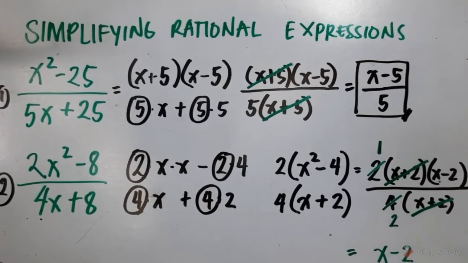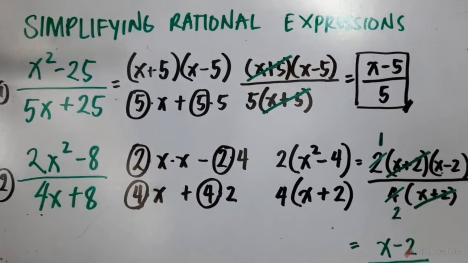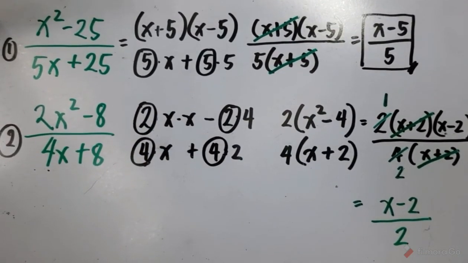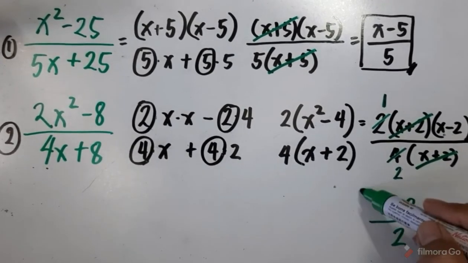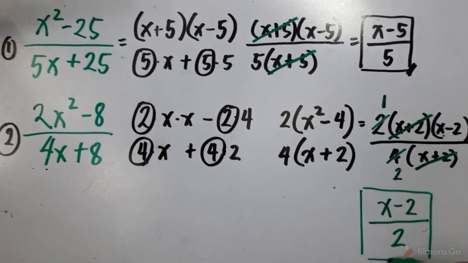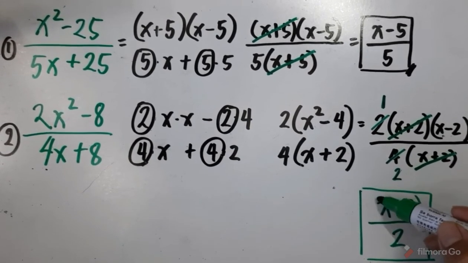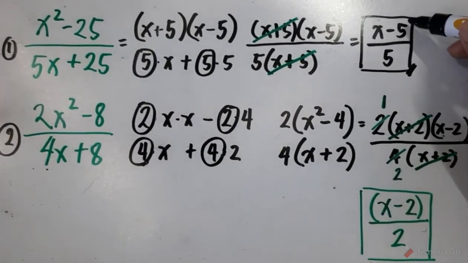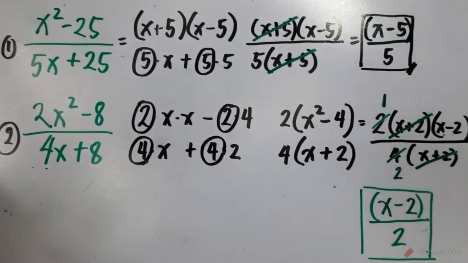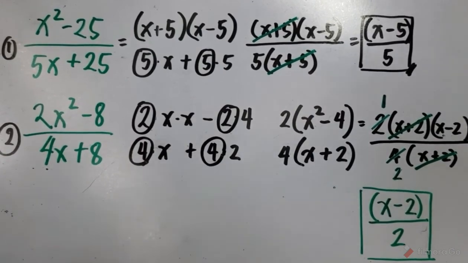And in the denominator, we have 2. So, the simplified rational expression of that given is x minus 2 over 2. Remember, this is a binomial, so we cannot cancel 2 and 2 in that case. That's it.